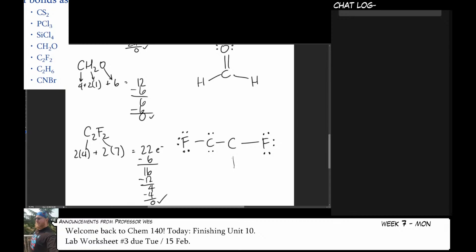And this carbon right here does not have an octet. So what I need to do is share electrons. Now here I have a choice. I could use fluorine or carbon, but since I want the result to be symmetrical for the purposes of this class, I'm going to just take them from here, and I'm going to do that.